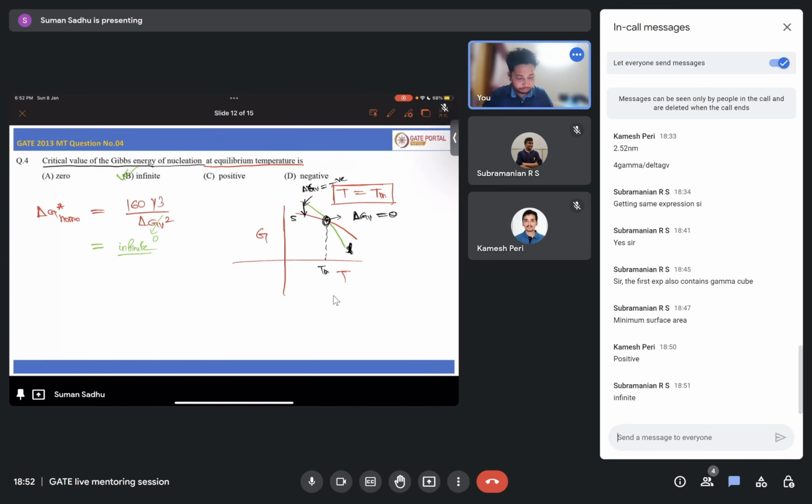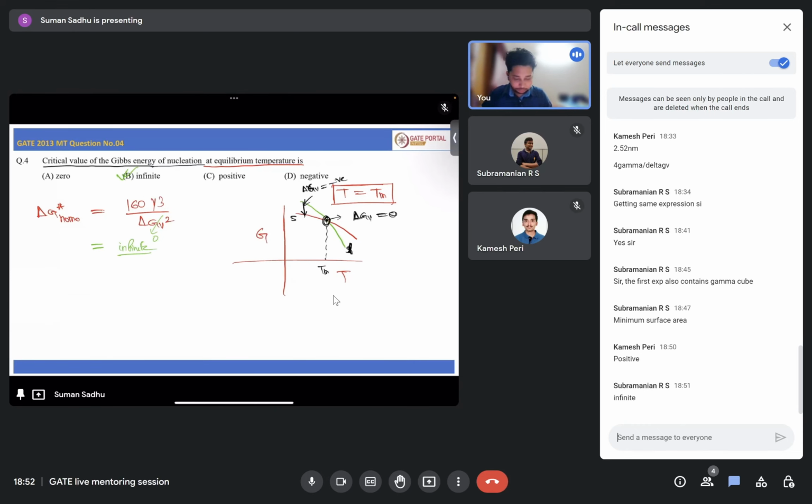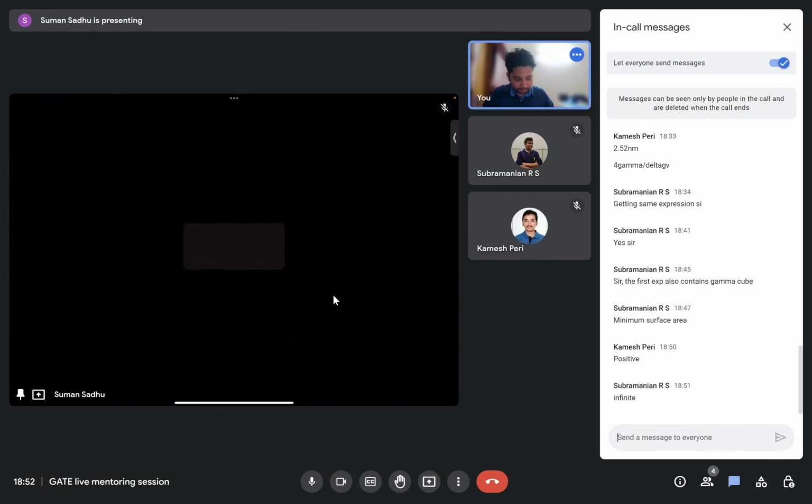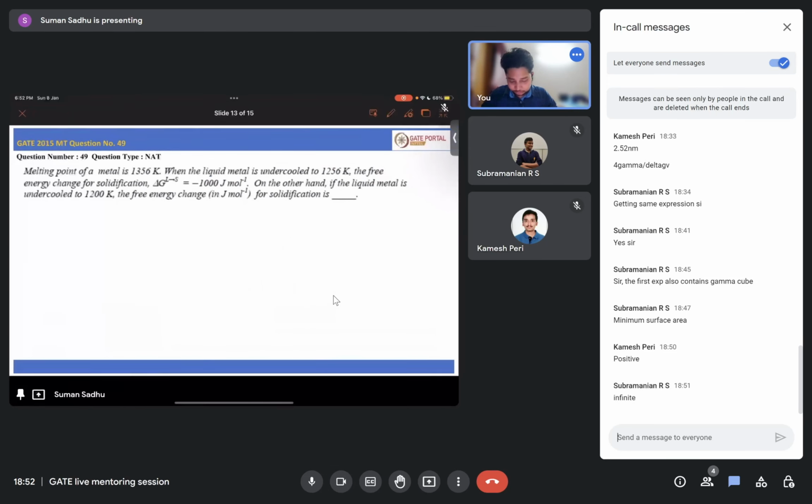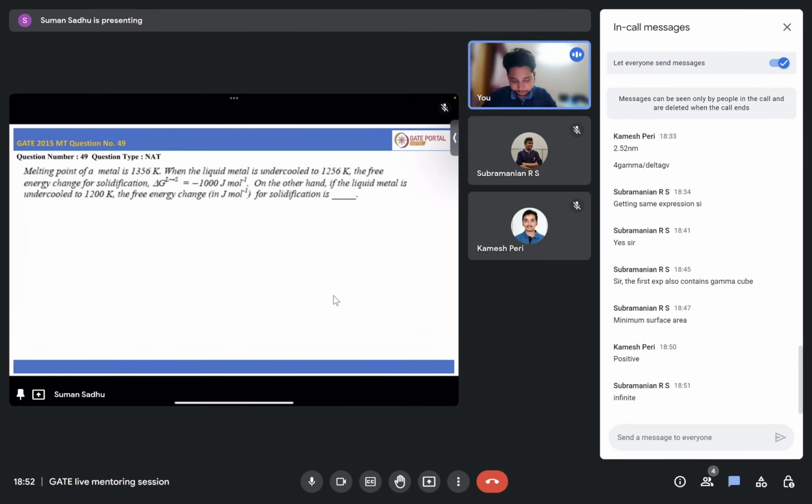Now the next question is also related to this concept only. The question is, the melting point of a metal is 1356 Kelvin. When the liquid metal is undercooled to 1256 Kelvin, the free energy change for solidification, delta G liquid to solid, is given as minus 1000 joule per mole.